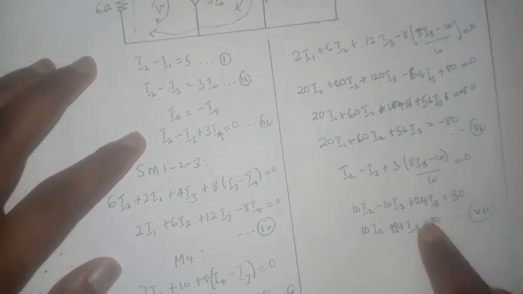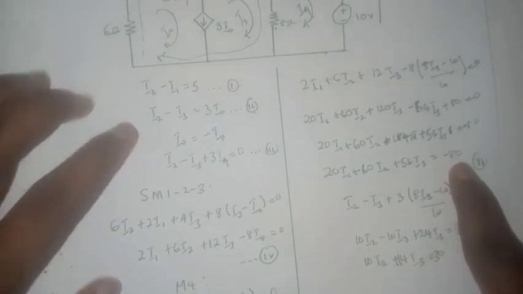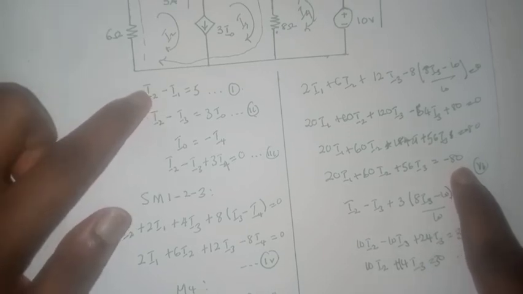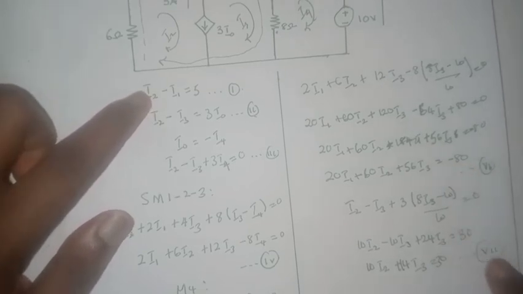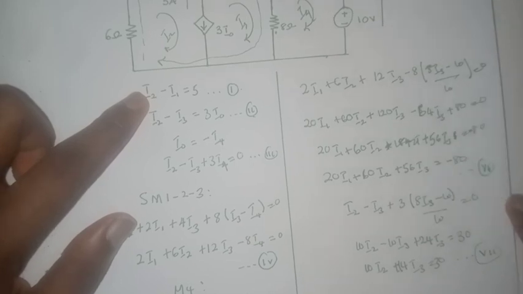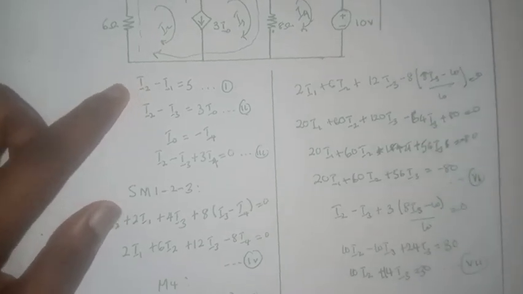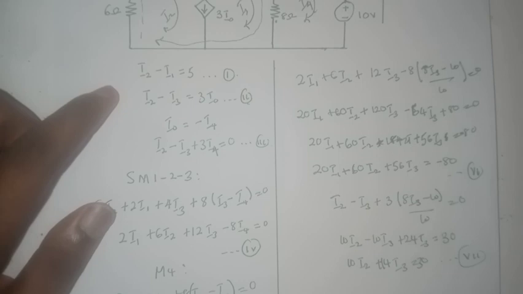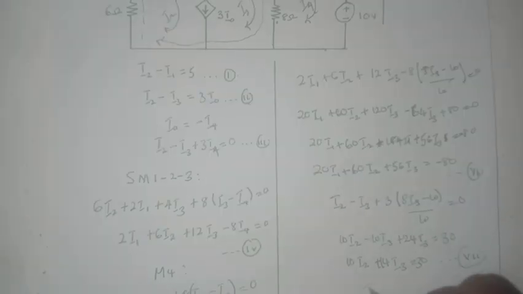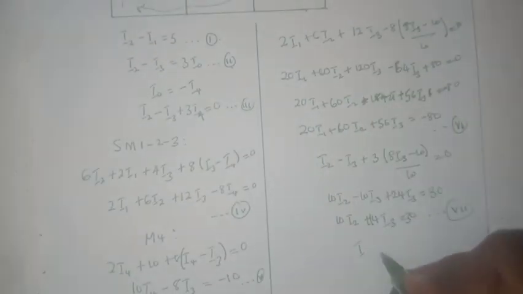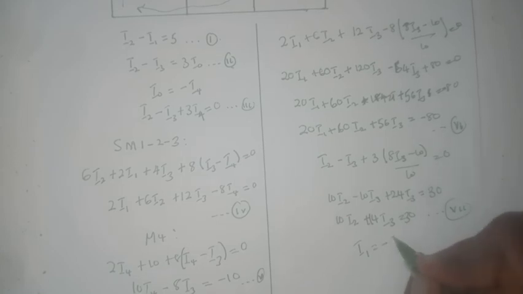We can solve the first equation, the seventh equation, and the sixth equation simultaneously, and we would have I1 equals minus 7.5 amperes.